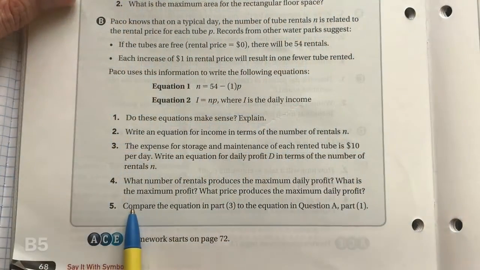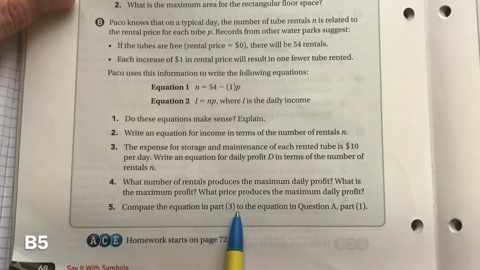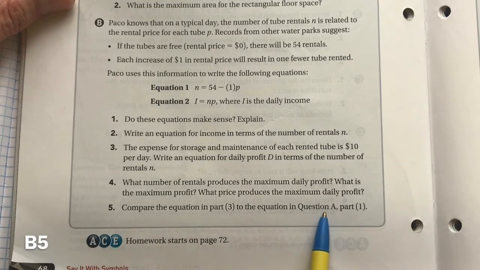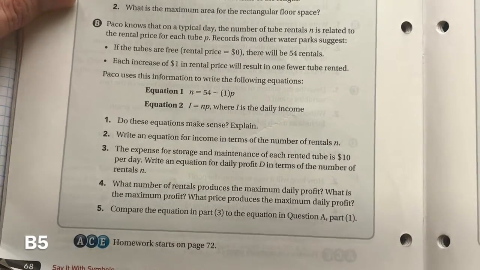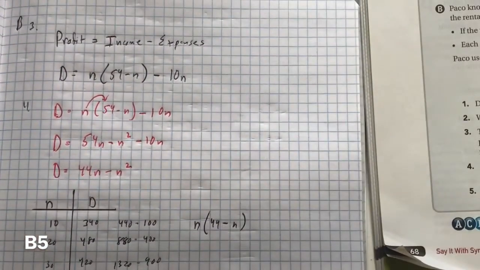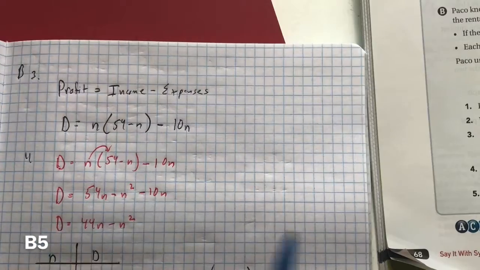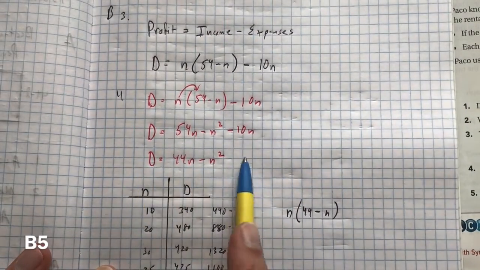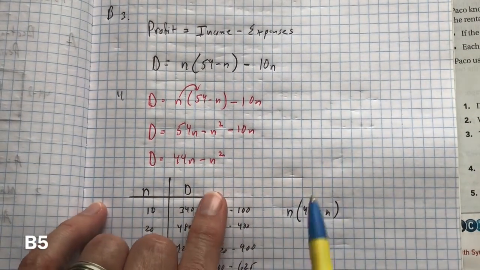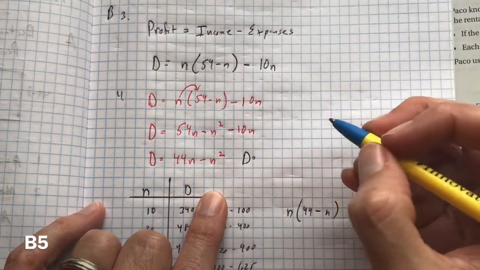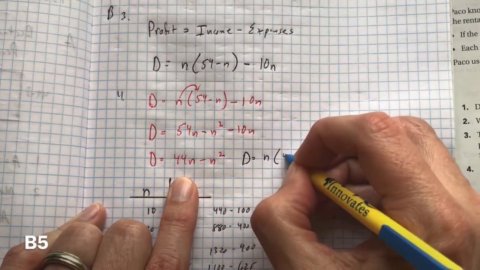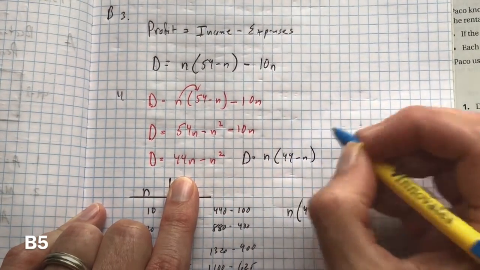All right, last part. Compare the equation in part 3 to the equation for question A, part 1. So if I look at this, my equation for part 3, here's what we had. We had this, which we also realized it could have been D is equal to n coming out 44 minus n in this case.